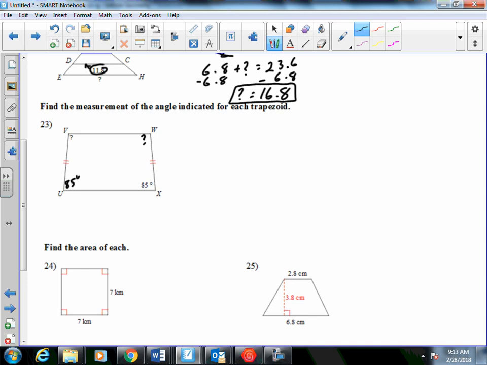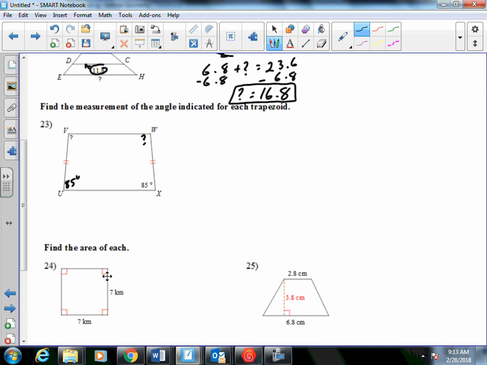And then for these two, since they're on a trapezoid, the bases are parallel. So these are parallel lines. WX is a transversal, which makes angle W and angle X consecutive interior angles, or same side interior angles, and those are supplementary.